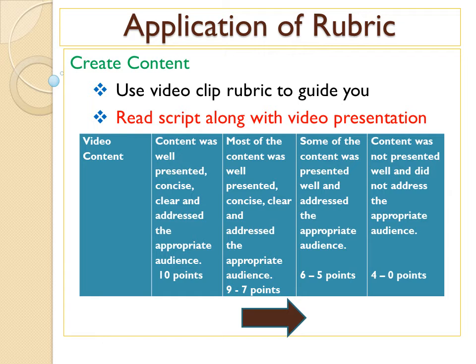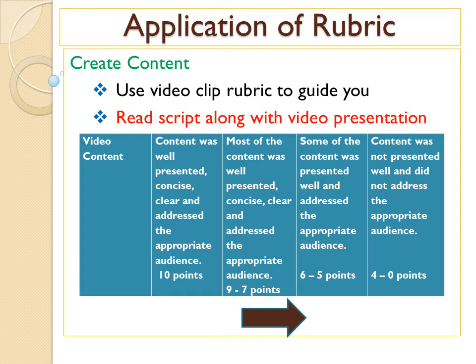The application of the rubrics for creating the content. You need to use the video clip rubric to guide you. And once you have created the content, you need to make sure that it's well written, concise and clear, and addresses the appropriate audience.